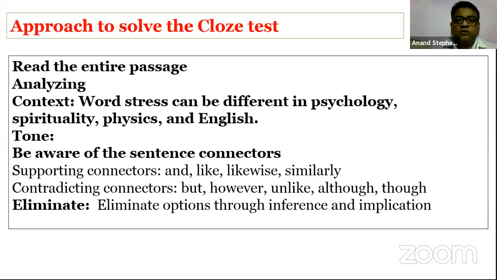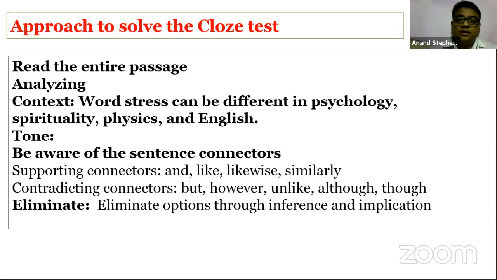Approach to solve the cloze test. So these are the approaches we have to follow. First of all, we have to read the entire passage, and while reading it, we must be aware of the time, because in competitive examinations most of the students can solve the questions, but time is what is important. You have to complete this section in the given time.